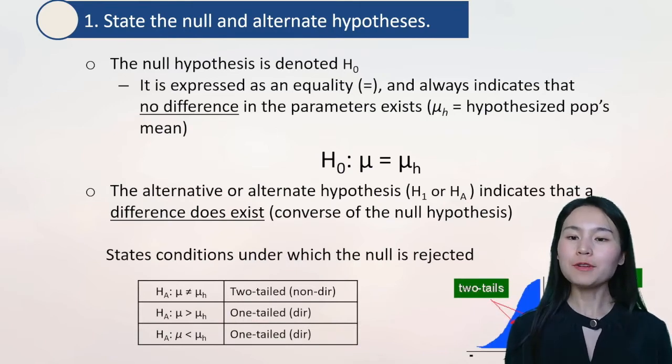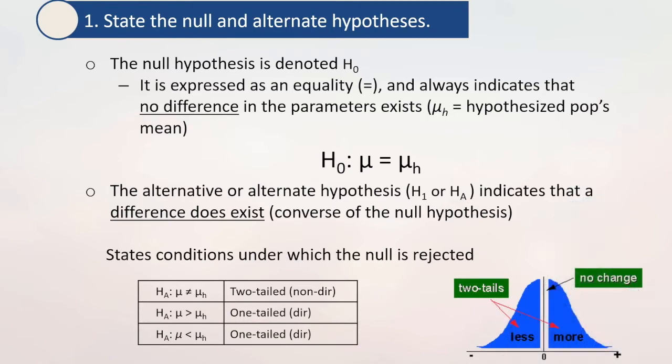But there are different conditions for the alternative. Either mu doesn't equal mu H. In this case, anything that is not equal, we can reject the null hypothesis. And this is two-tailed because this is non-directional. So either less than or more than, we can consider that mu does not equal mu H.